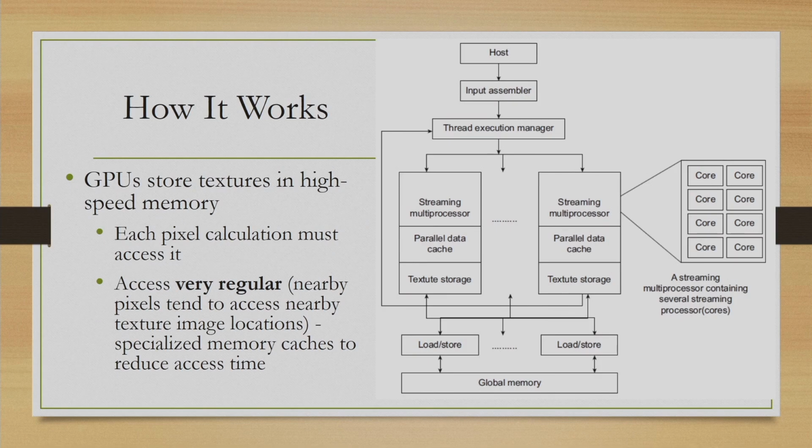Now, in order to do that, we need to store these texture images or texture maps. And since we need to access these texture images frequently, ideally they should be stored in high speed memory, so that access time is less.